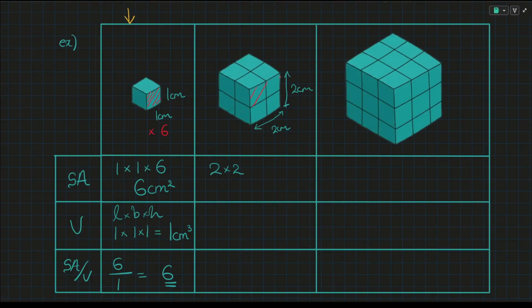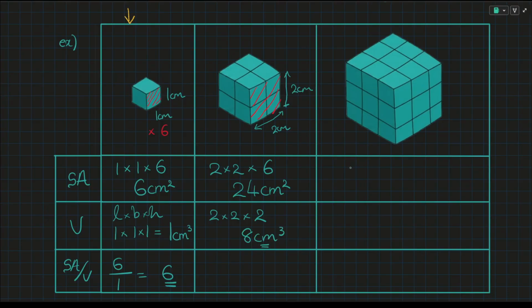Now that face looks like this and it's larger. 2 times 2 and multiply the number of sides. 2 times 2 is 4. When you multiply 4 by 6, that's going to give you 24 centimeters squared. When applying the same method to find the volume, you do 2 times 2 times 2, 2 times 2, 4, 4 times 2, 8. So now the volume is 8 cm3.